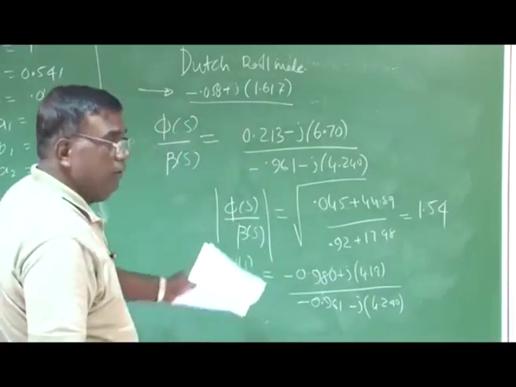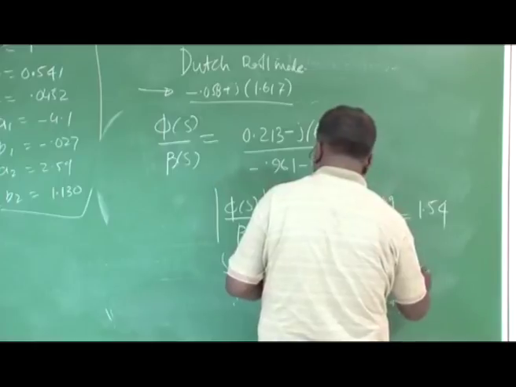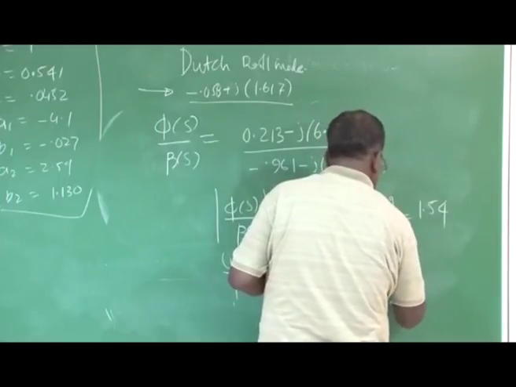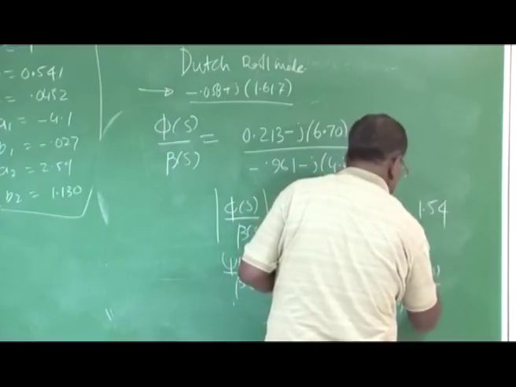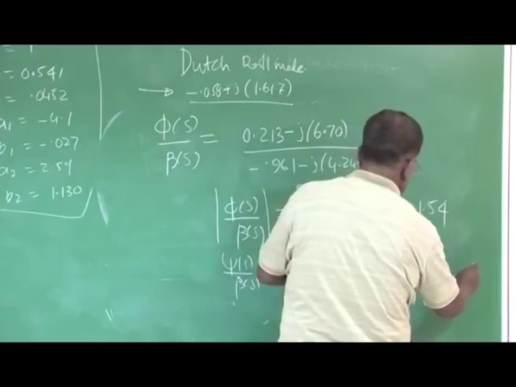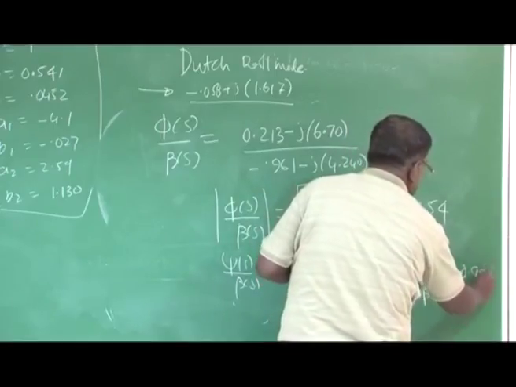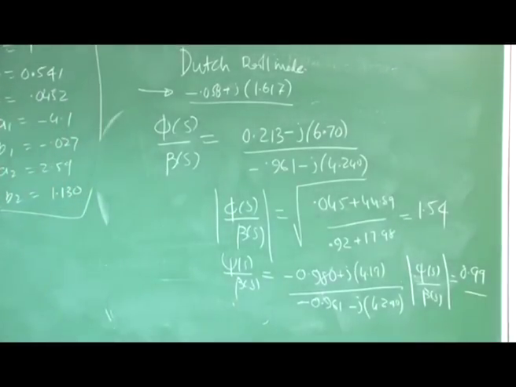And you can easily find the magnitude. The magnitude of psi of s by beta of s, you know how to find. This will come as around 0.99. Note down this: one is 1.54, one is 0.99.